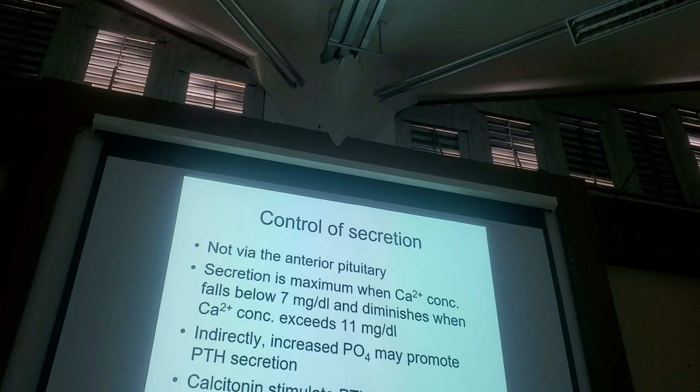Sir, the problem that I'm having is that you're saying the calcium levels would affect the secretion of PTH, right? But it's not the calcium itself that stimulates the PTH secretion.